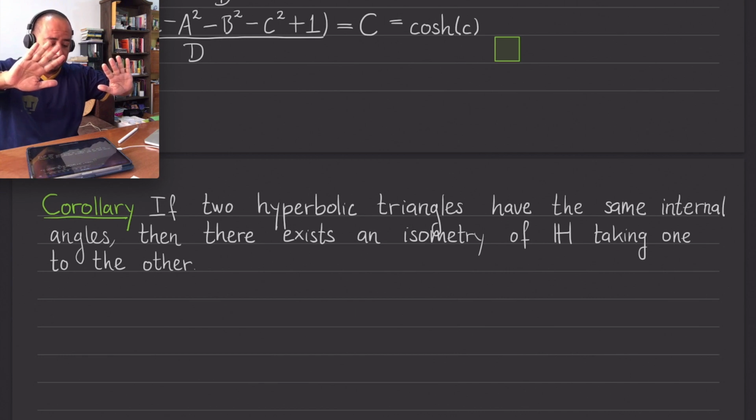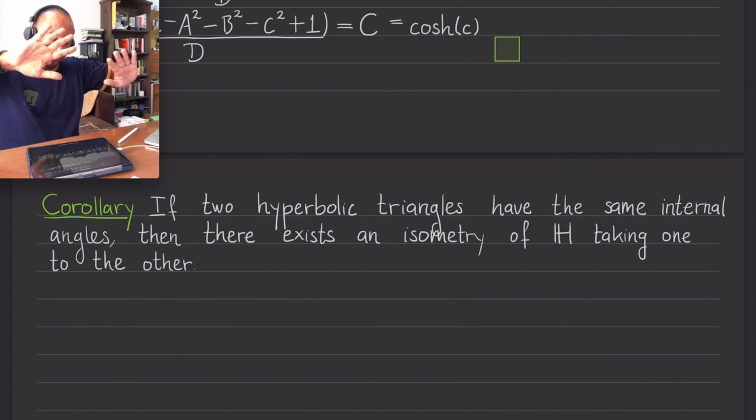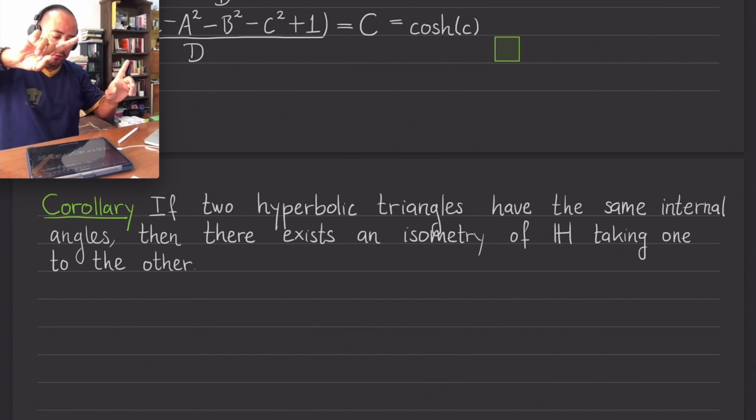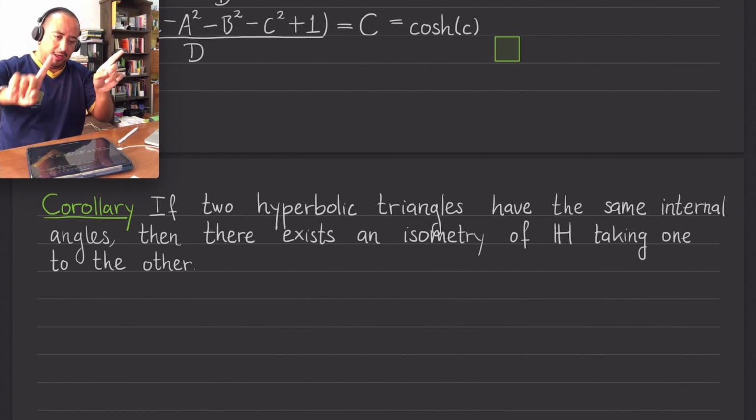Okay, but if you have the corresponding sides, first of all you can apply an isometry that places one side on the shortest curve determined by the corresponding side of the other triangle, right?